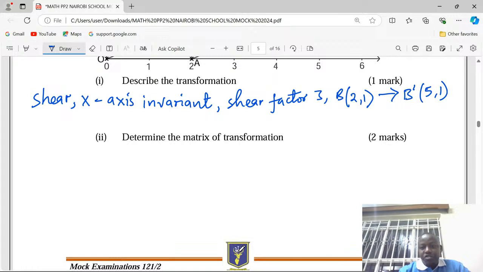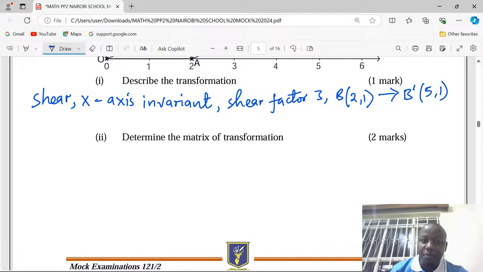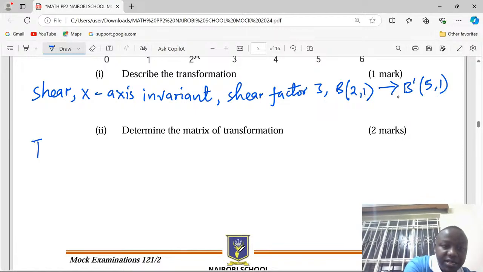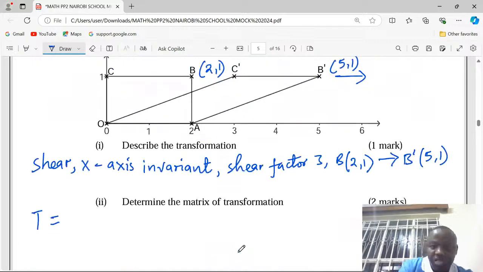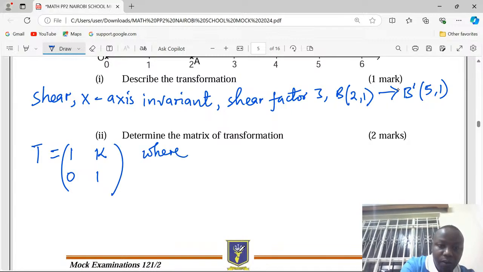Determine the matrix of transformation. Generally, we usually say that when it is a shear transformation and we have the x-axis invariant, the matrix of transformation is going to be 1, K, 0, 1, where K equals the shear factor.